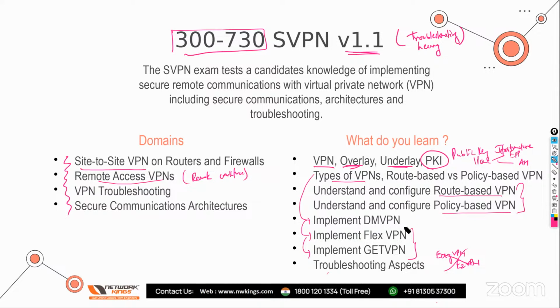And then obviously you have DMVPN, which I'm pretty sure a lot of you must have heard about. You would see this as part of CCIE as well, CCIE Enterprise Infrastructure.